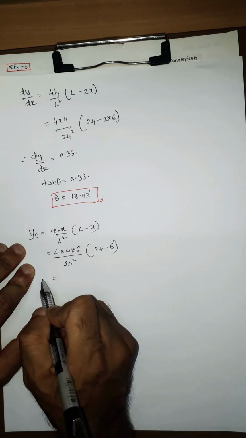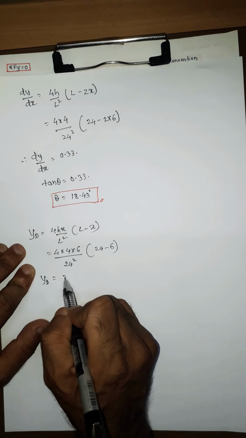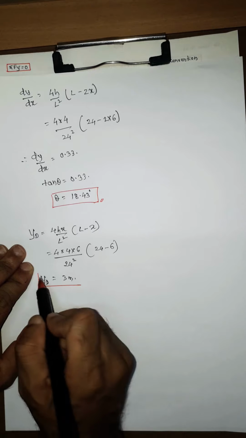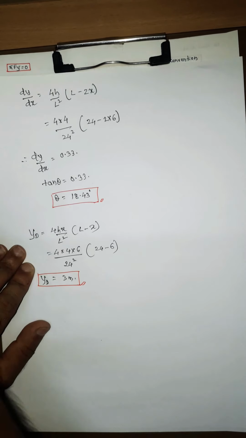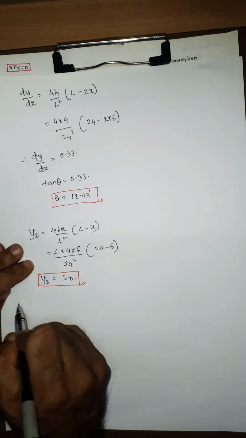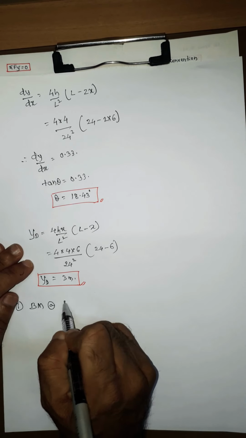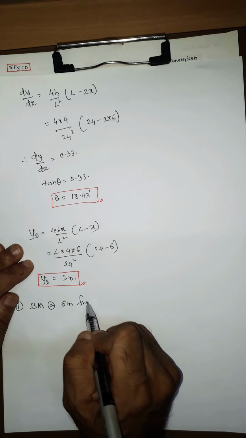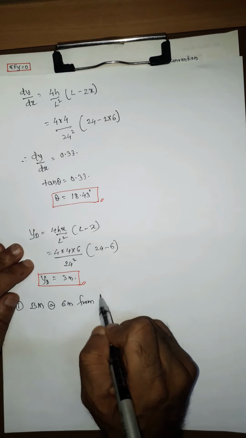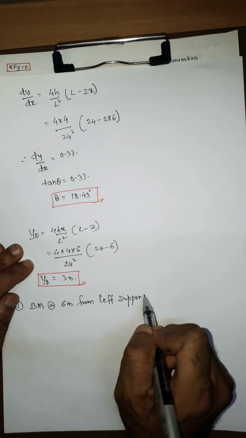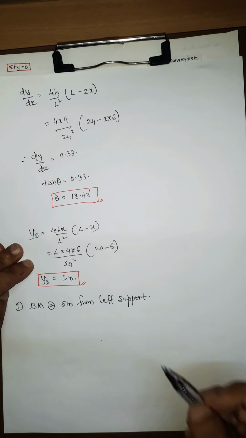So this YD comes out to be 3 meter. Okay, the vertical ordinate YD will be 3 meter. So after finding this, now we can find out the bending moment. Bending moment at 6 meter from left support, that is at point D.